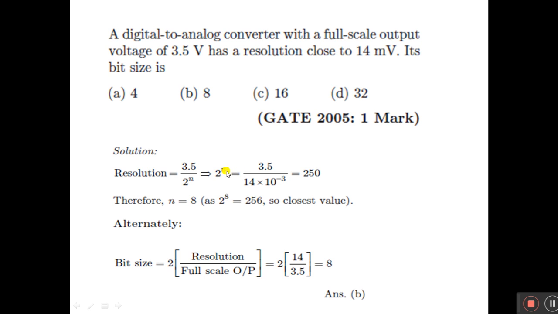So 2 power n is approximately 250. 2 power 8 is 256, the closest value, so n equals 8. So option B is correct. Alternatively, bit size equals log of full scale output divided by resolution, and the answer is 8. Option B is correct.